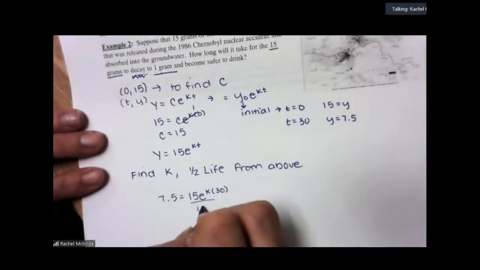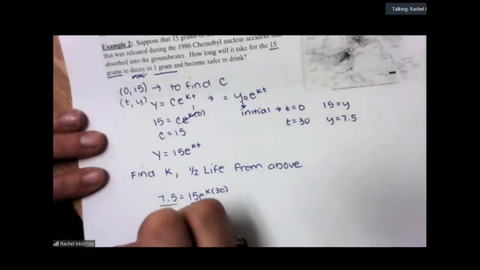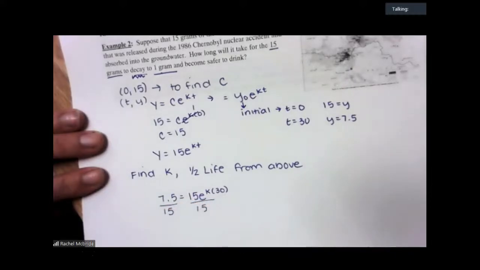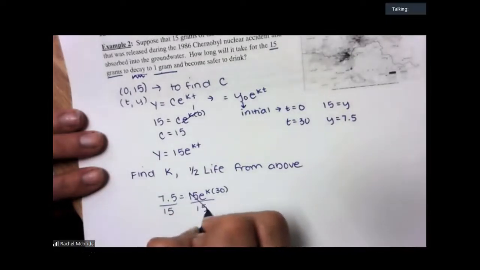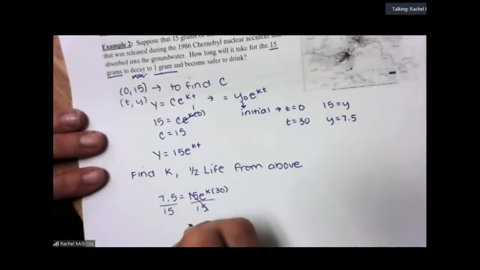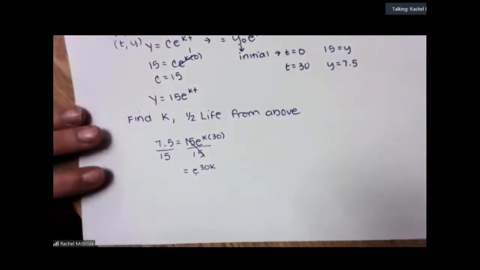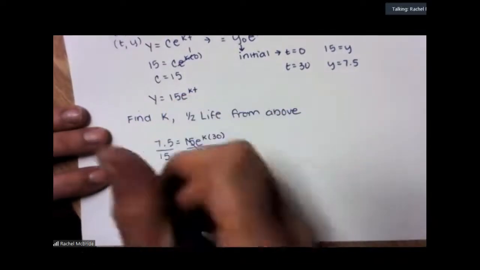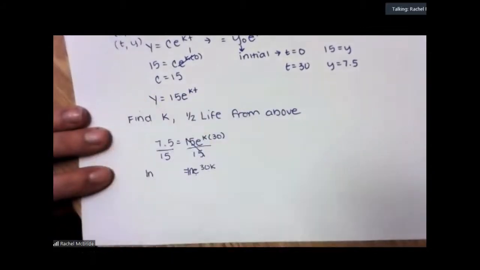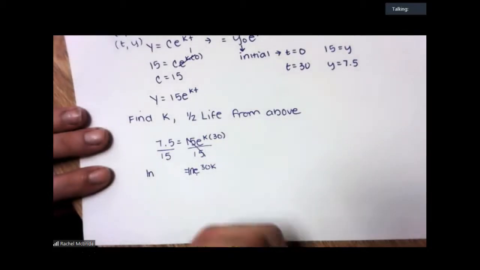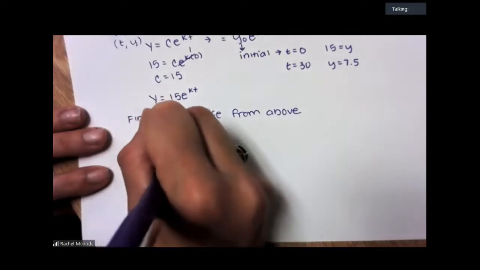So we divide both sides by 15. And then you have e to the 30k. So how do you get rid of e? You ln both sides. So we're going to ln both sides. And 7.5 over 15, well, that's kind of like 15 over 30, which is 1/2.